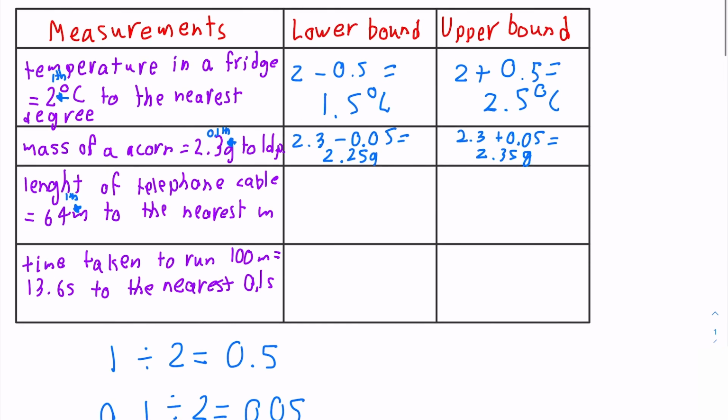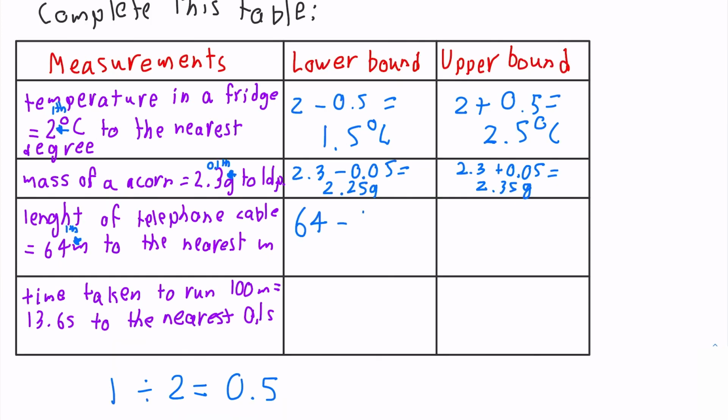So 64 minus 0.5 equals 63.5 meters, and 64 plus 0.5 equals 64.5 meters.